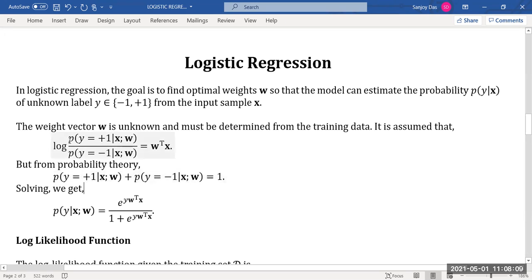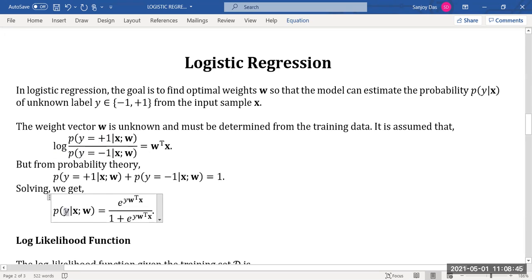And if this is a log of the ratio, then to get the ratio I take the inverse log on both sides. This would be equal to e to the power of W transpose X. Using these two expressions, it's very easy to derive this expression.